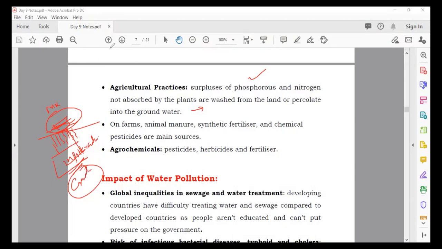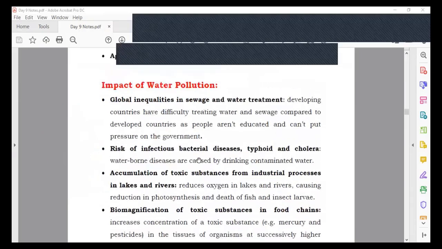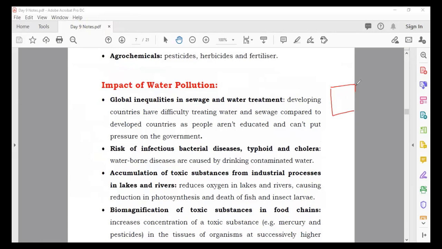Now we will see what are the impacts of polluted water. Number one, you have global inequalities in sewage and water treatment. Now I will explain to you in a diagram way. This is fresh water.